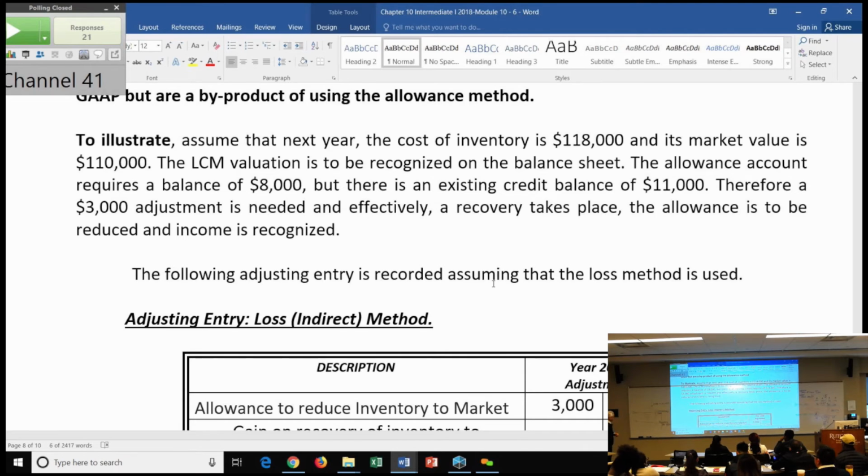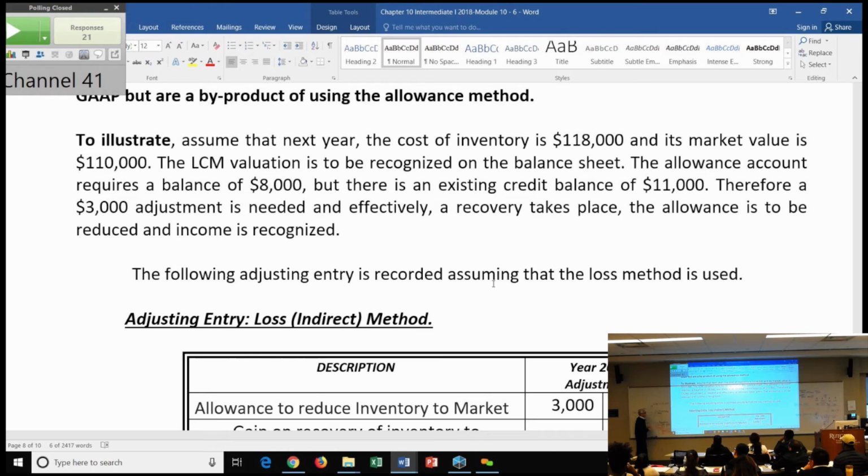So if you need to have an LCM value of inventory minus the allowance, what is the target balance in that allowance account? You need to have 80, right? So that means the adjustment has to be 3.